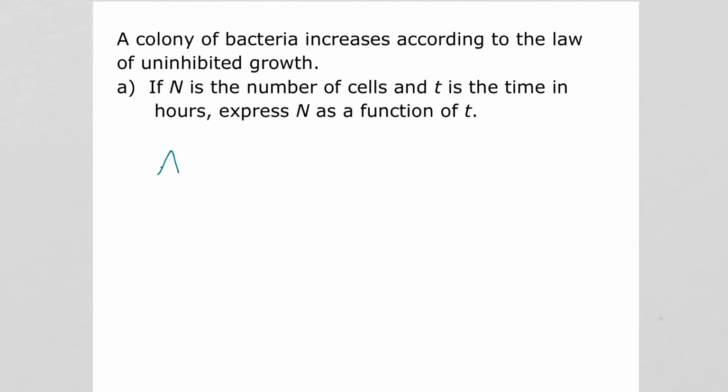So we've got our function A equals A naught e to the kt, and we want to express it with N as a function of t. It's as simple as this. Instead of A naught, we have N naught.